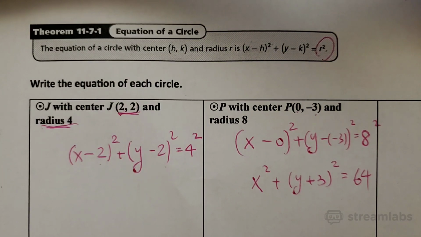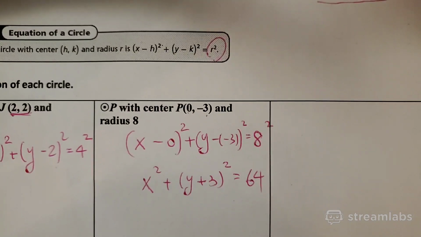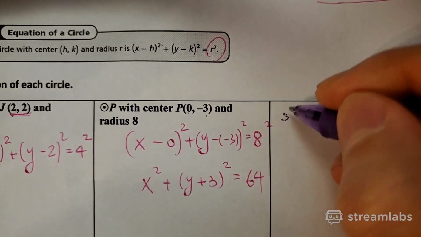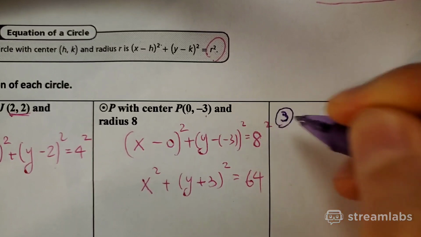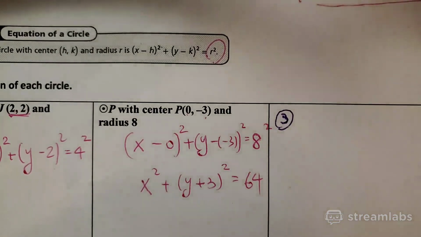Is that correct? So I'm just going to draw what I have on the notes. We look at the one on the right, number 3. If you don't have notes, keep in mind that this number 3 is supposed to have a graph on it. So I'm going to draw it here, okay?